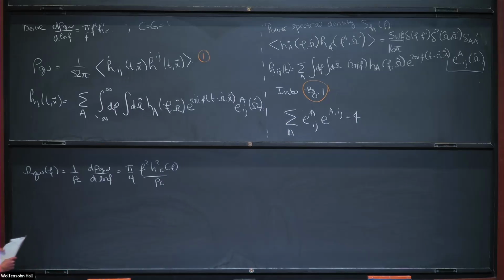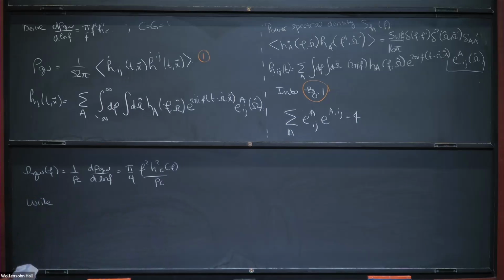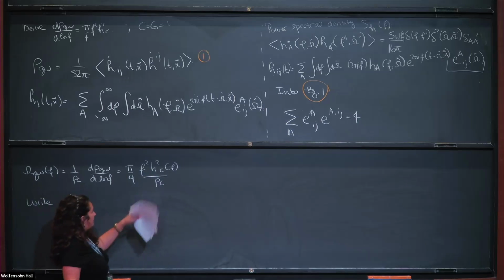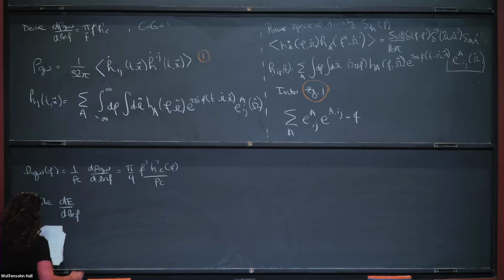Okay, so let's look at how we write down dE by d log f, and we'll eventually bring that back into this equation for the final expression for the characteristic strain. All right, so we'll write down dE by d log f. Okay, so we need to know how much energy is emitted in gravitational waves per unit of logarithmic frequency.